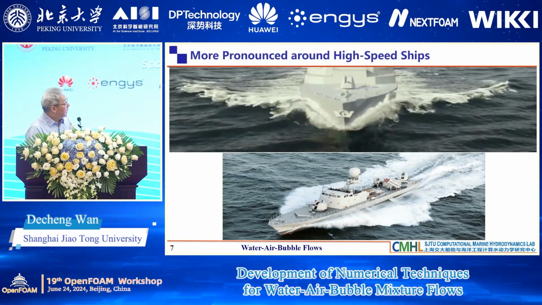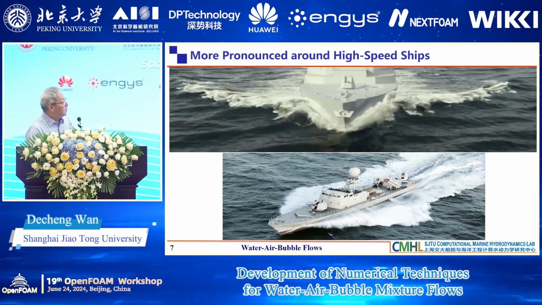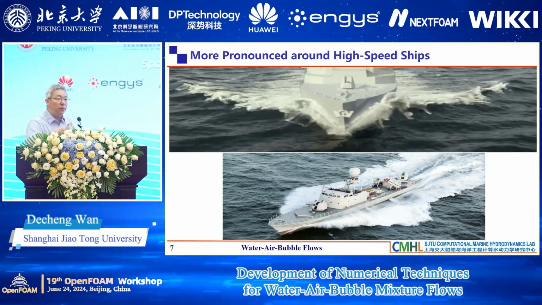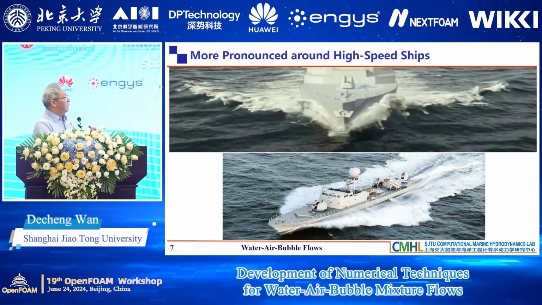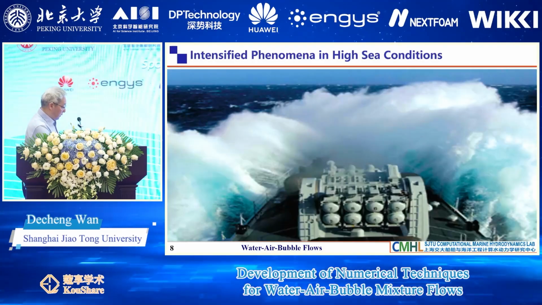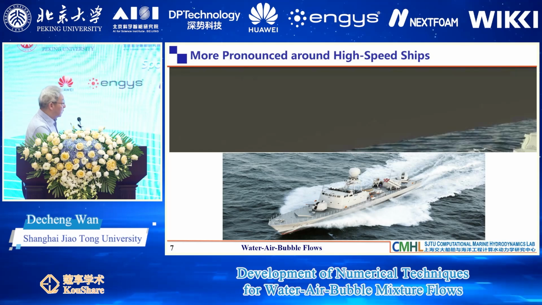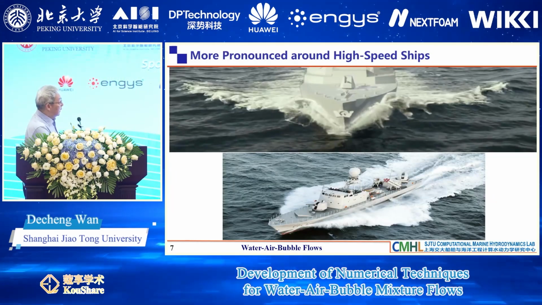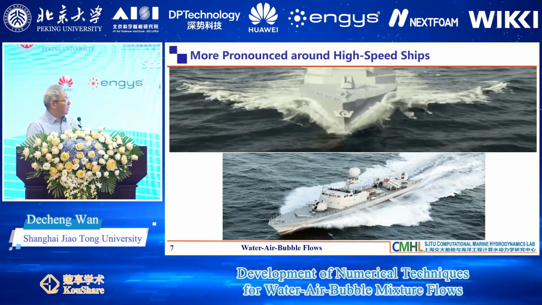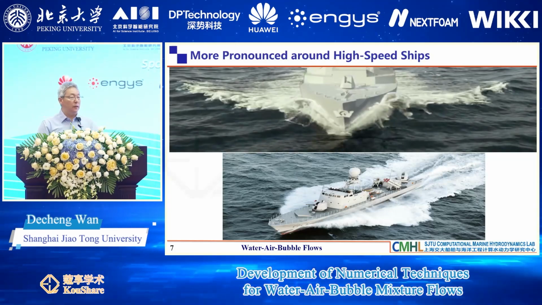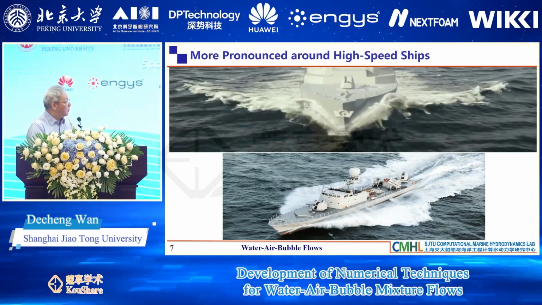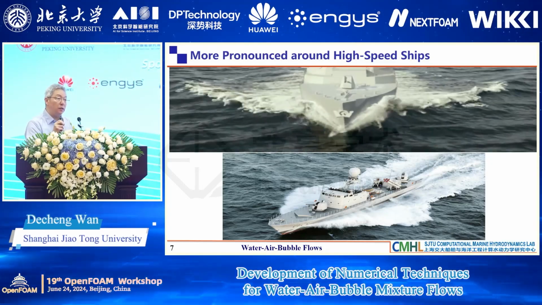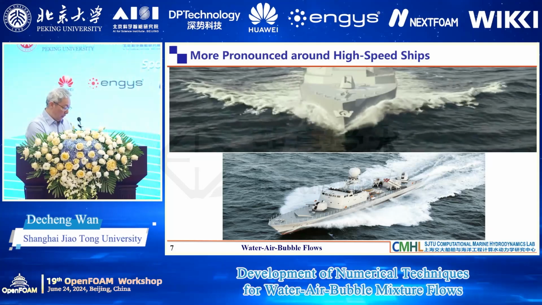And if you look at a high speed ship, if the ship is moving very fast, the air and water bubble mixing is more obvious. So this is related to the ship speed.